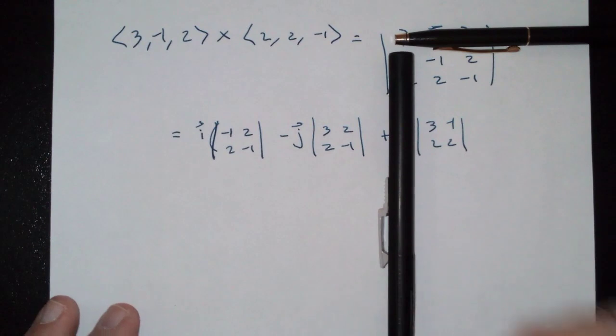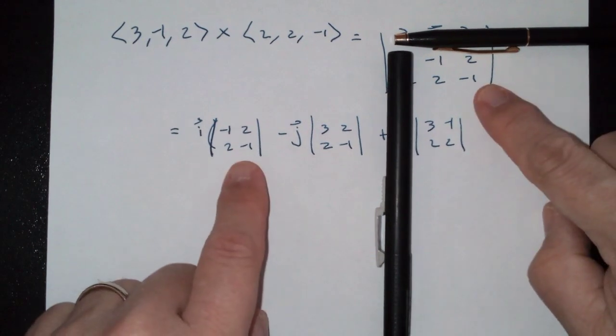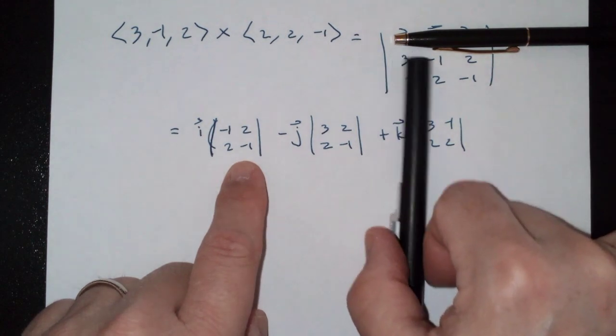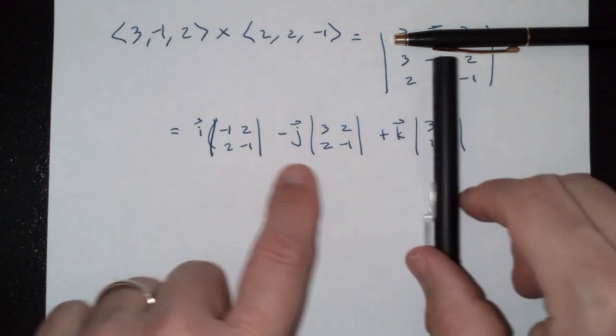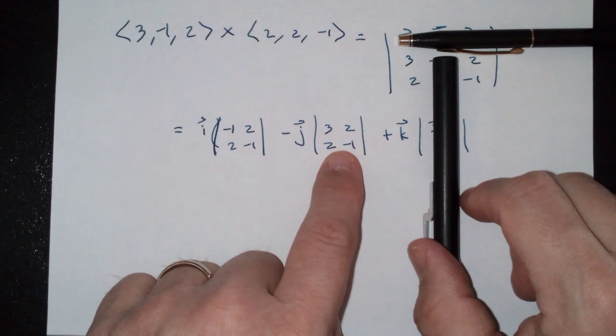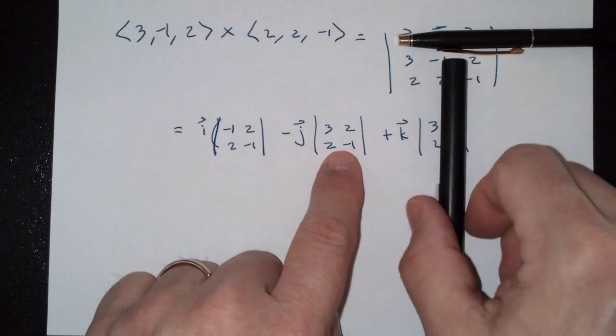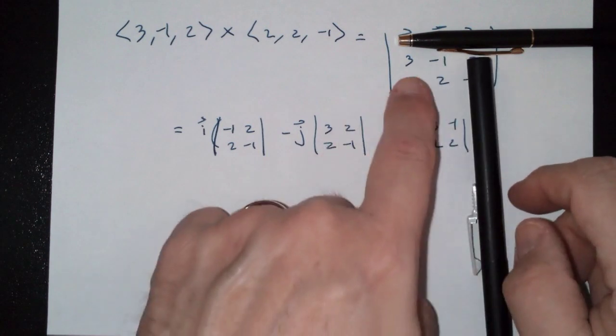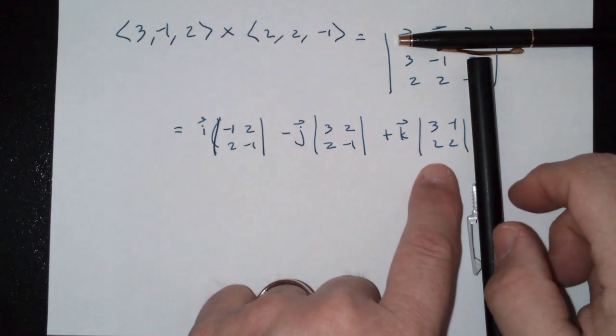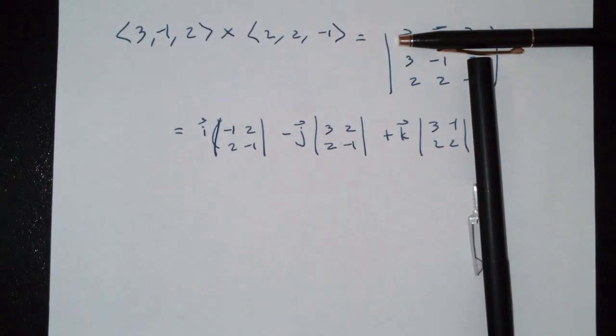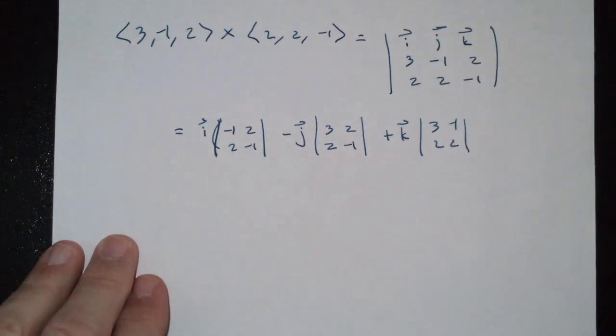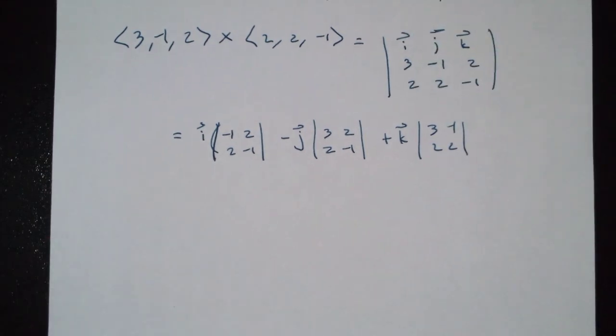When I do that, there's the remaining submatrix. When I do j, I do this. There's the remaining submatrix. When I do k, I do this, and there's the remaining submatrix. So in my head, I've got two fingers, and I'm crossing out the appropriate column to give me the little 2 by 2.